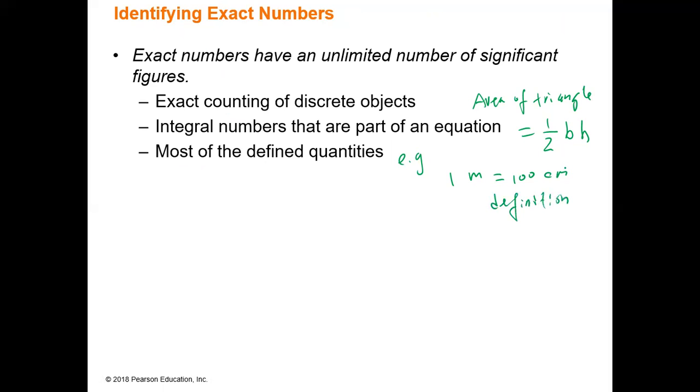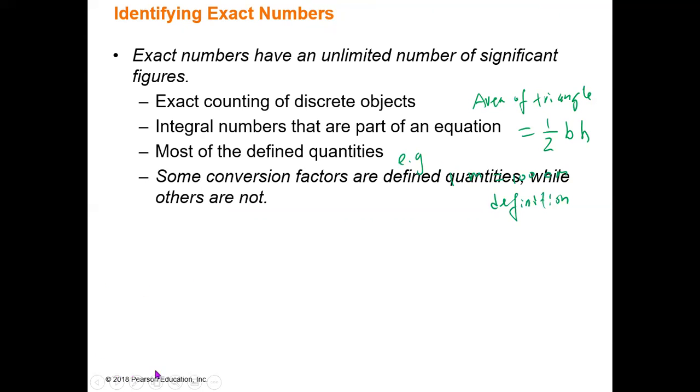In this definition, we have 2 numbers, 1 and 100. Most of the numbers in definitions are exact numbers. Again, they look like they only have 1 digit, or this 100 looks ambiguous. But if they come from a definition, they have an unlimited number of significant figures.